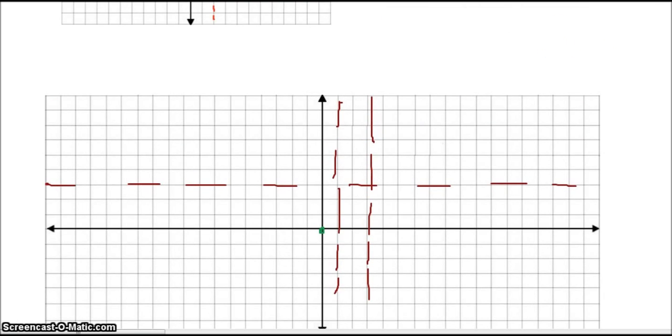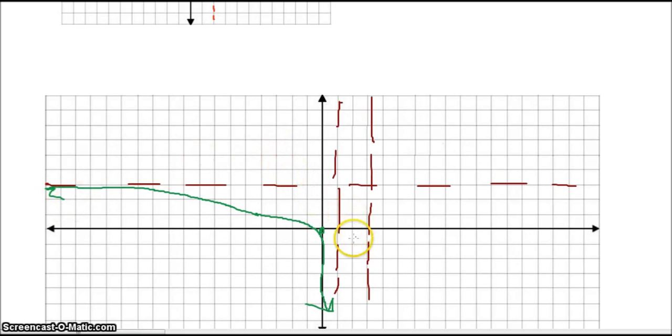Okay, now that's all we got. We have this point here. We know as x goes to negative infinity, we go to 3. That's our horizontal asymptote, so the graph is going to look like this. Then we have that vertical asymptote here as we approach 3, something like that.